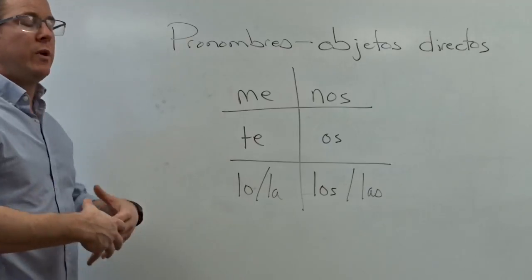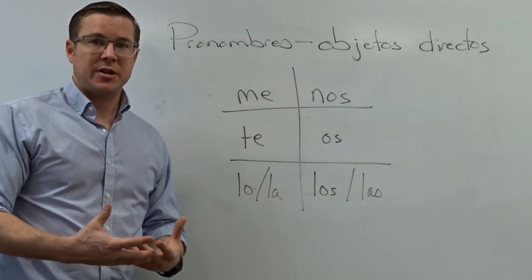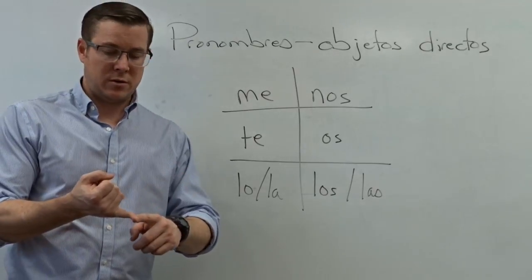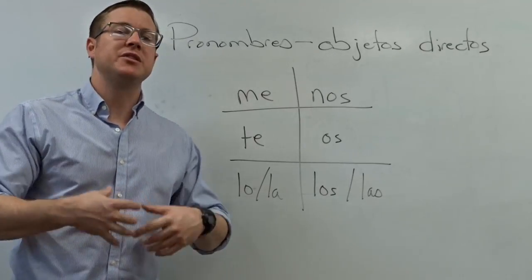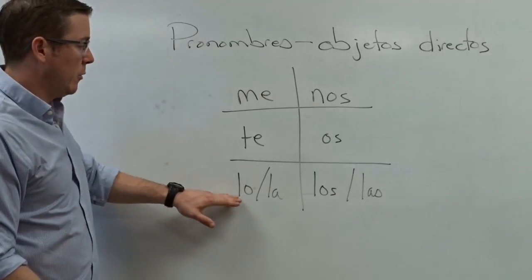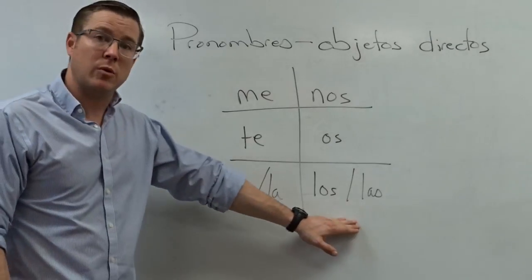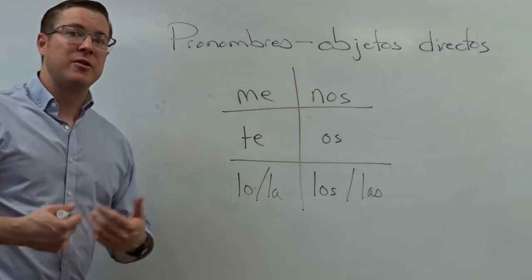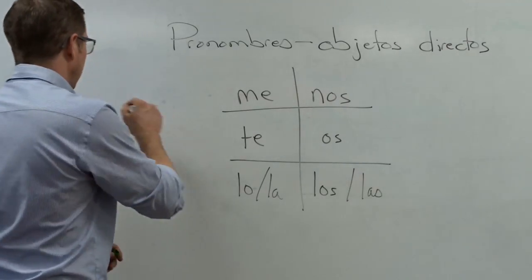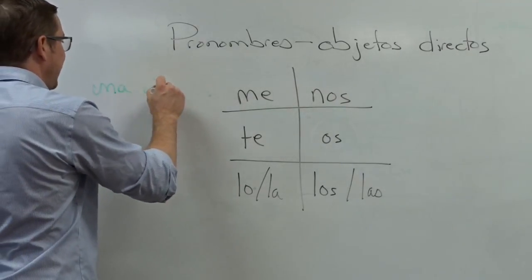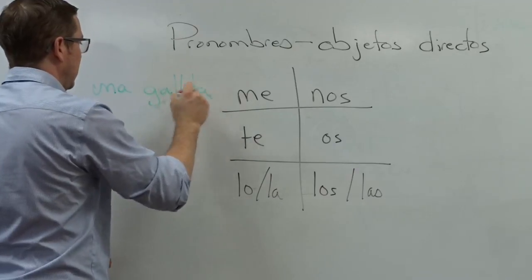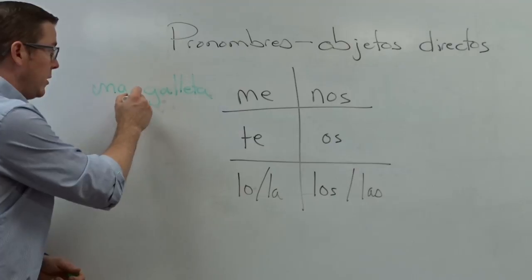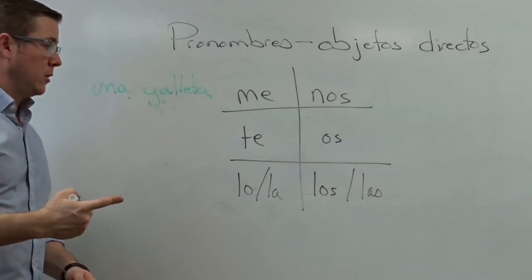Now, when we identify the direct object in a sentence, we have to look at its gender and its number, because it's going to have to agree down here with the third person singular and plural forms of these pronouns. For example, if my direct object turned out to be una galleta, I know that that is a feminine word, una galleta, and it's singular.